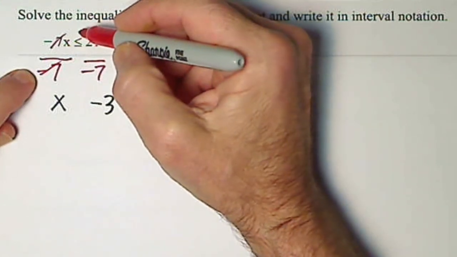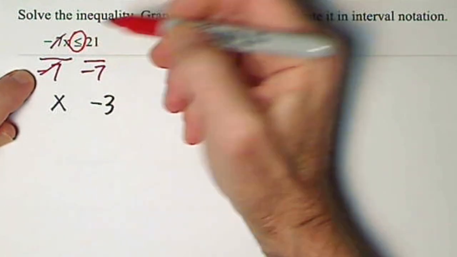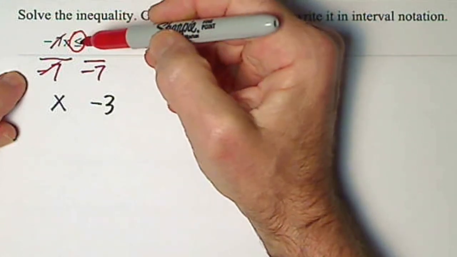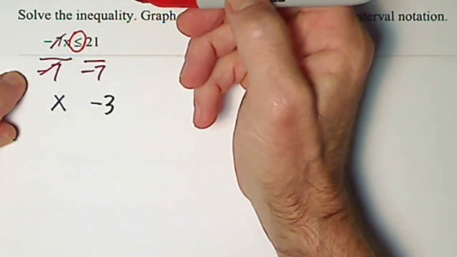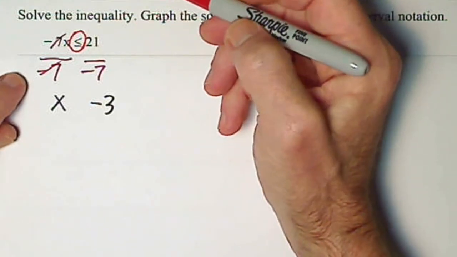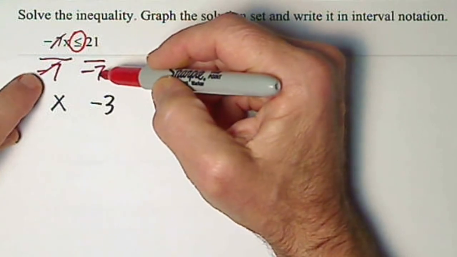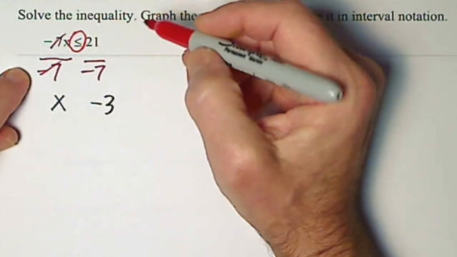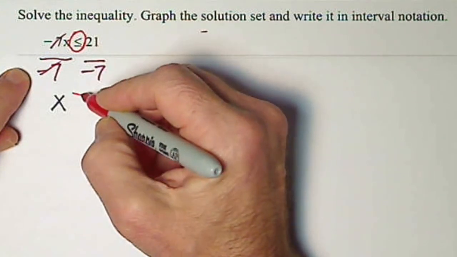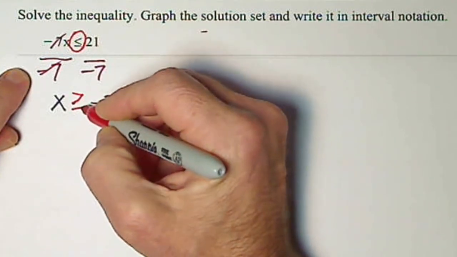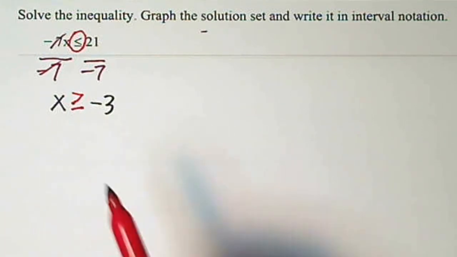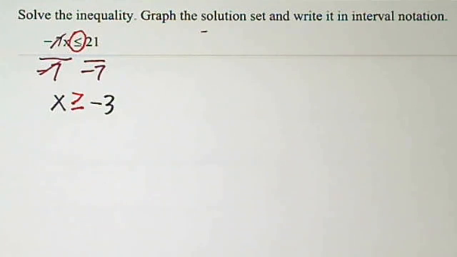That means we have to reverse this inequality sign. Okay? I said that you can treat the inequality just like an equal sign, except when you multiply or divide, which we're doing here, by a negative number. So instead of it facing that direction, we have to reverse the direction that the inequality faces.